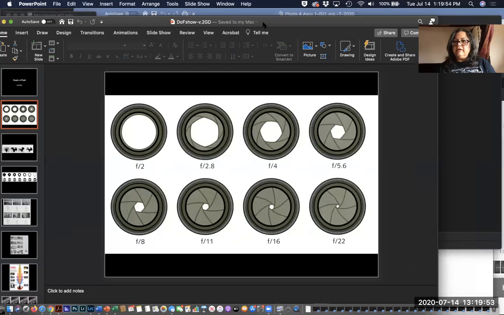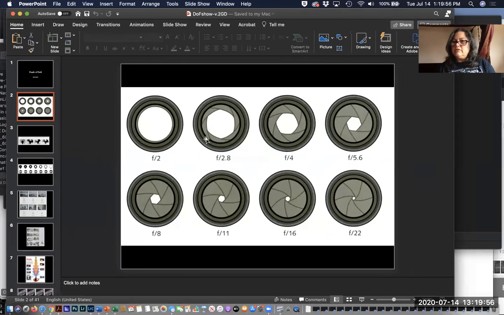Okay, can you see these images of the aperture? Anybody? Yes. Okay, good. So before we get specifically to depth of field, I'll just go over a few of the other things we've talked about. So here are examples of the aperture and what happens to the size of the aperture as you change the f-stop number.